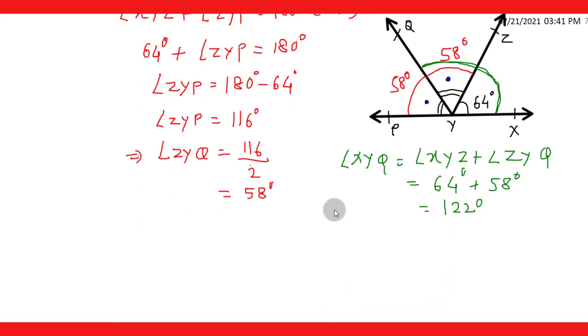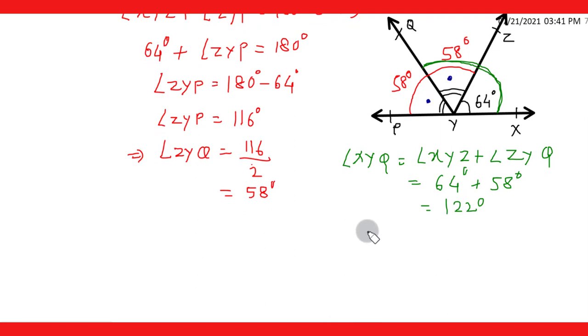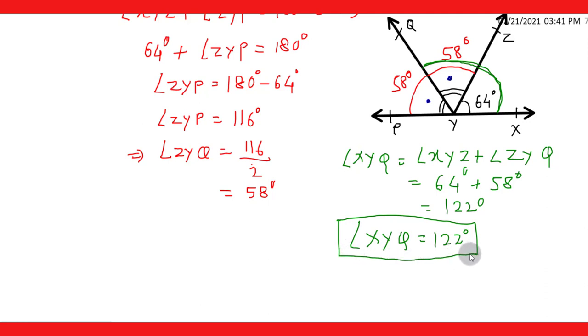So here you have got, friends, the angle XYQ is equal to 122 degrees. Highlight this because this is the first important step.